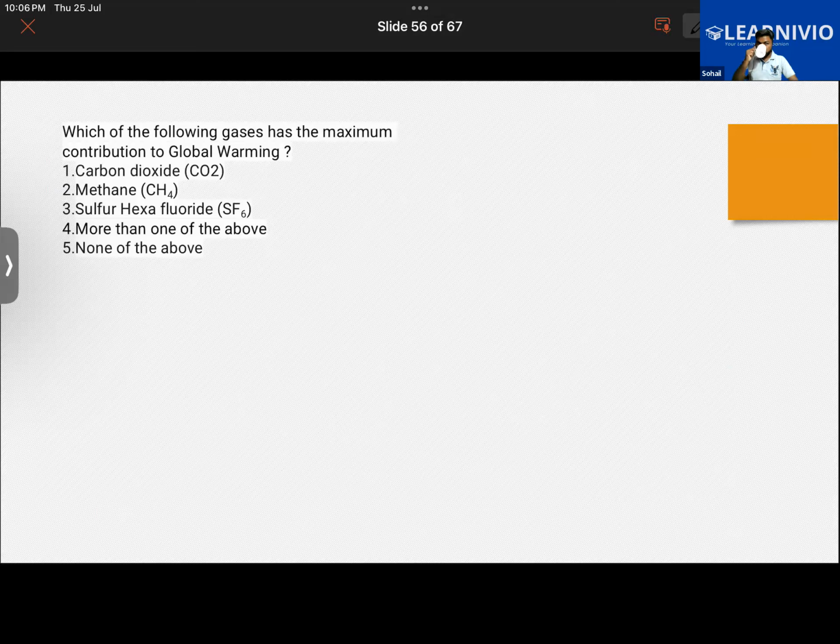Yes, it increases soil fertility. See, Ibrahim, it will be increasing aeration in the soil. It increases aeration. You understand this term aeration?